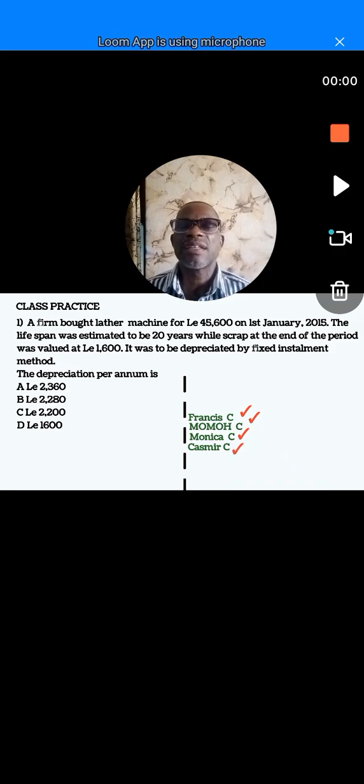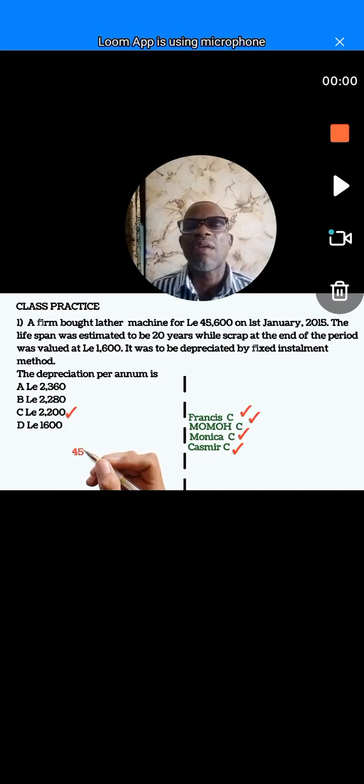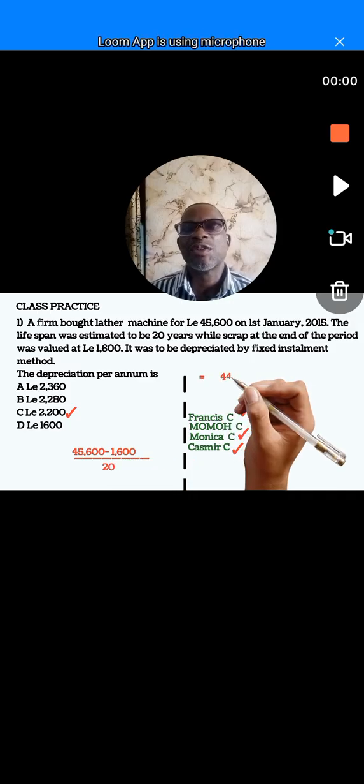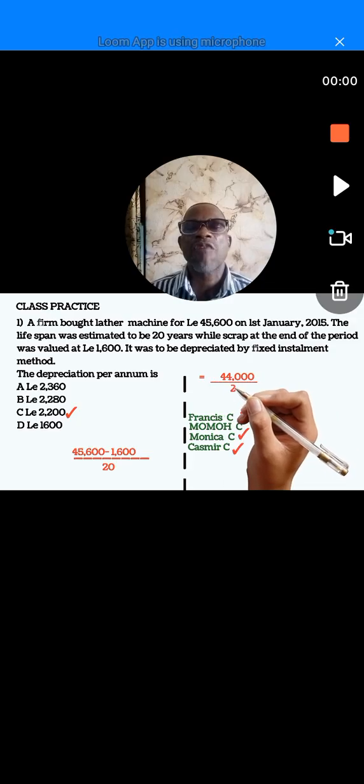Now let us just go through it. Cost minus scrap value over useful life, which is 4,000 over 20, and that eventually gives us 22,200, and that is all.